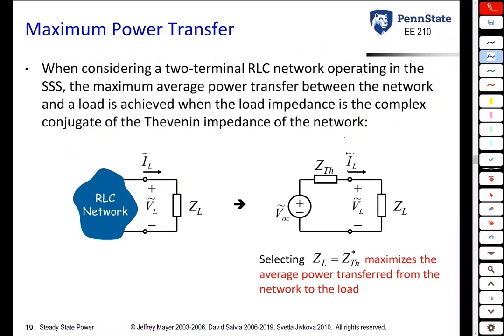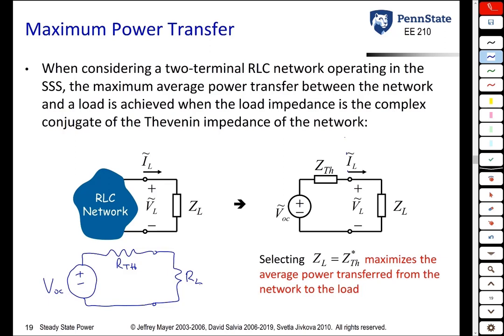Now we're going to revisit the concept of maximum power transfer. However, now we're going to look at it in the AC case, or sinusoidal steady state analysis case. If you recall, in the DC case, if you had a circuit replaced by its Thevenin equivalent, so it has a VOC and a Thevenin resistance, and you want to attach a load RL and get maximum power absorbed by the load, there's a balance.